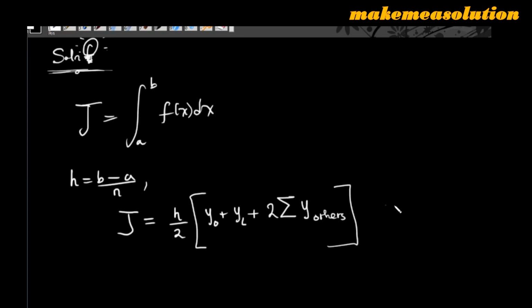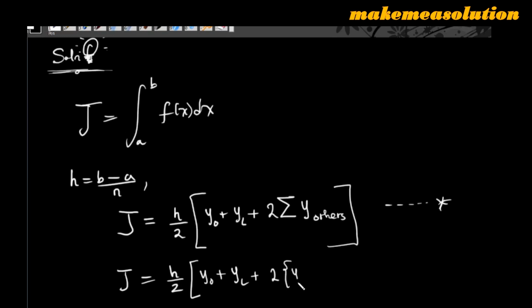And as we dive deep into this particular examination question, I'm going to explain what it means. Let me just tell you what I'm trying to say. So here h over 2, y0 is the first ordinate, yn is the last ordinate. So you have your first ordinate plus your last ordinate, then you have plus 2 summation of the y ordinates.